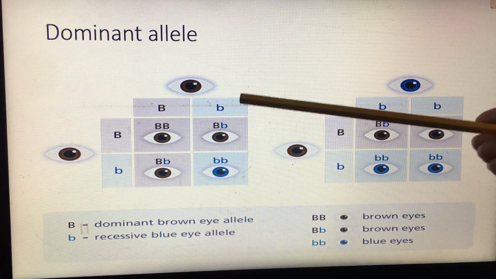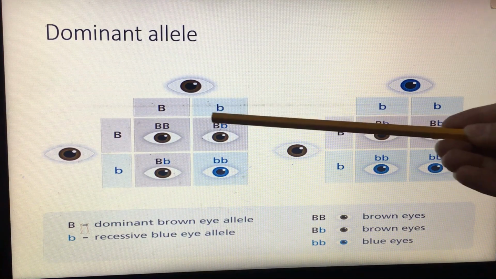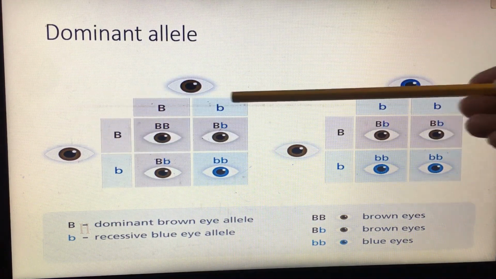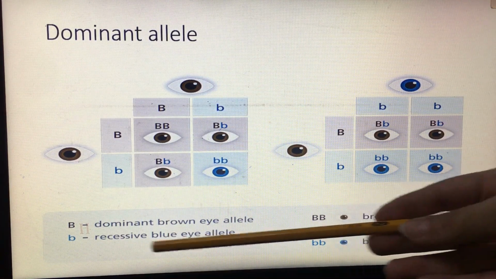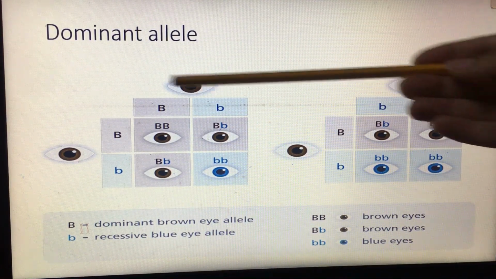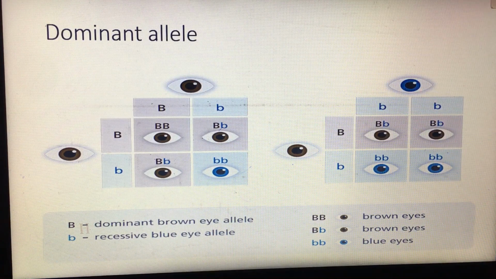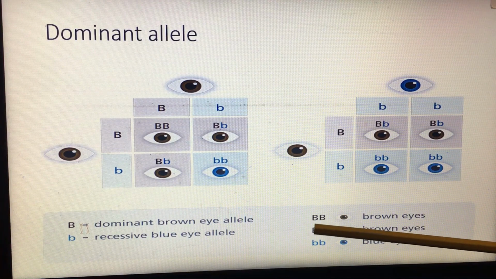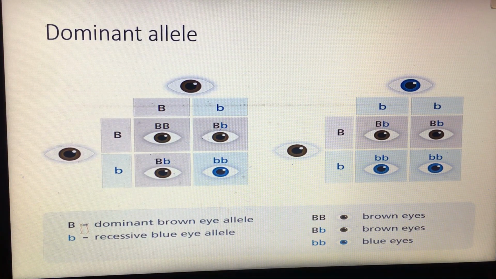But if the B small, the recessive blue eye allele from the mother, fuses with the dominant brown eye allele from the father, also they will produce brown eye color, because B capital, B small, brown with blue, the color will be brown eyes because the dominant is brown.